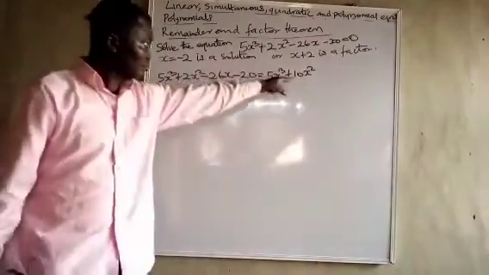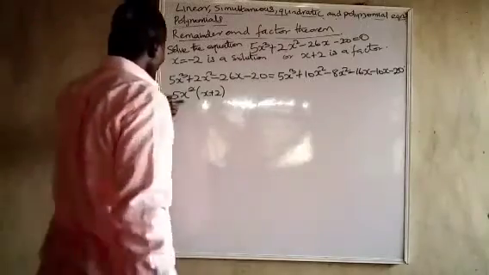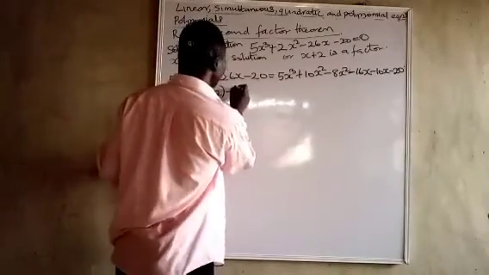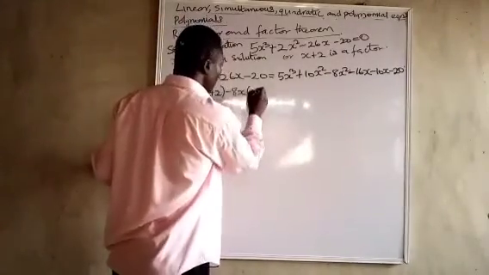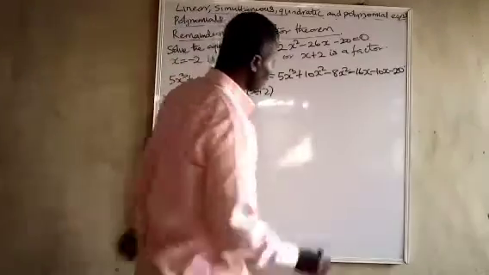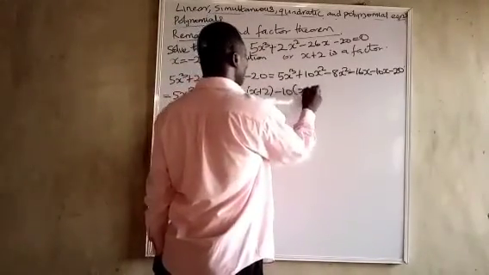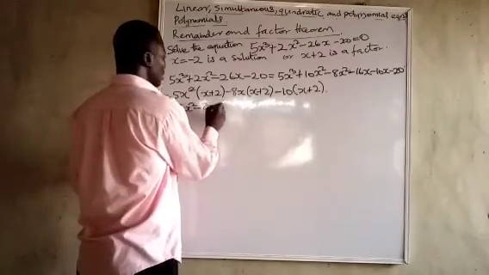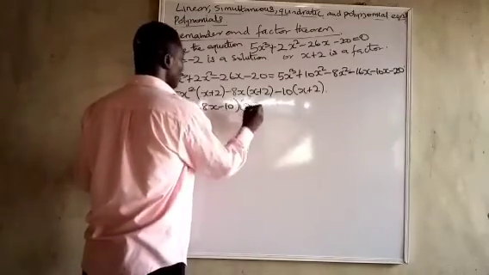Then minus 8x into x plus 2, minus 10 into x plus 2. So I have 5x squared minus 8x minus 10 into x plus 2.